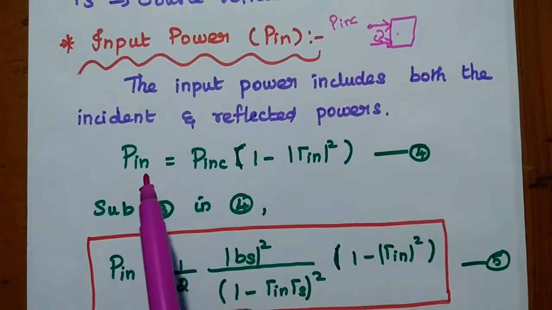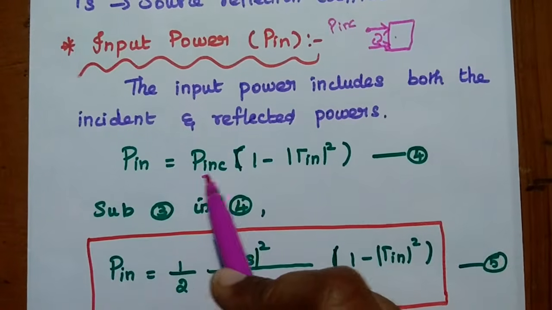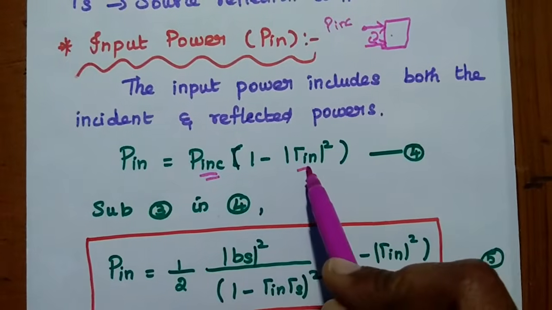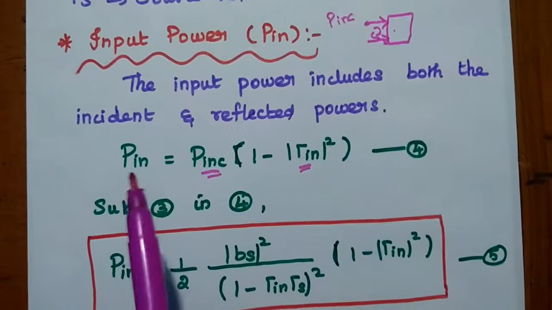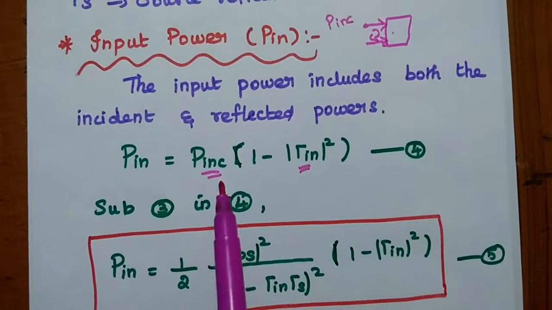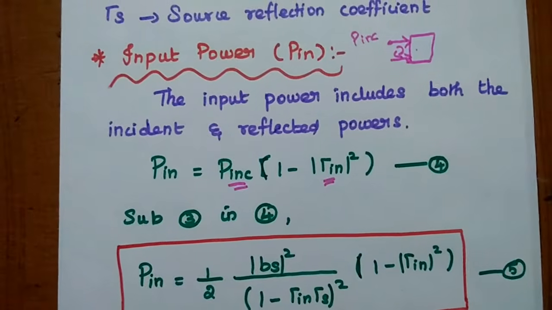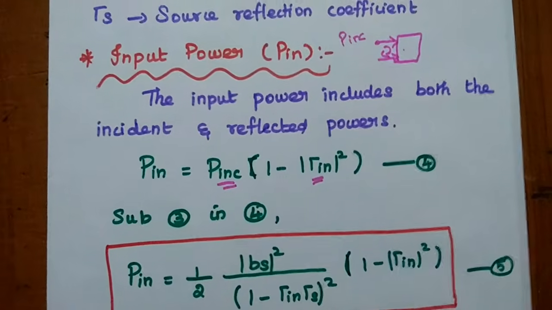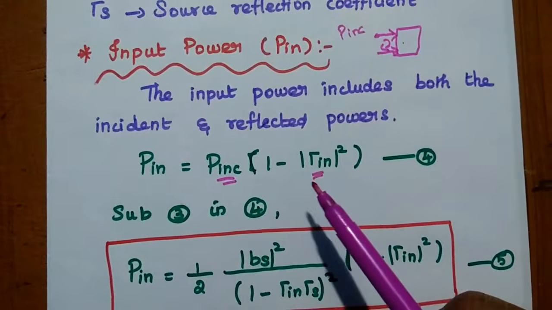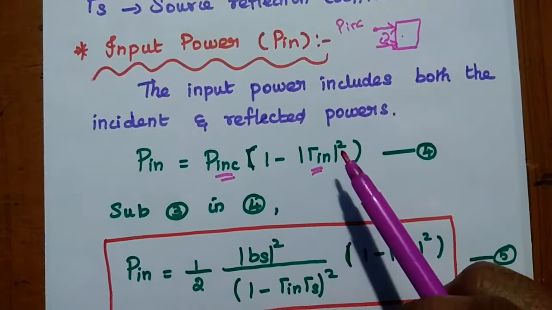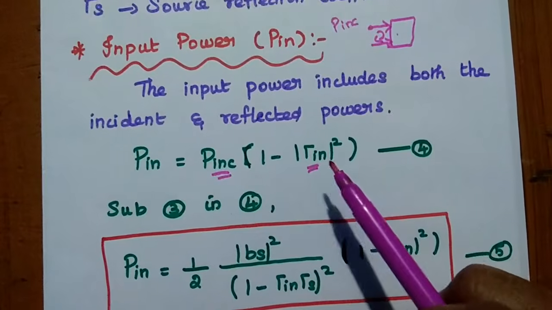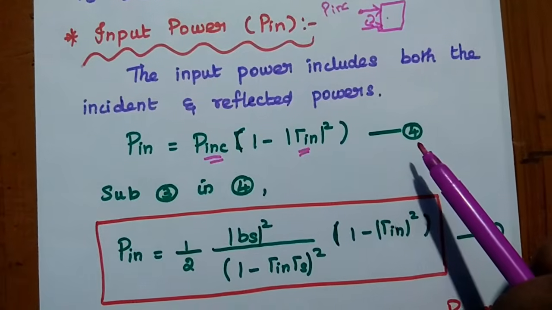So input power is equal to incident power into 1 minus gamma in, that is the input reflection coefficient, the whole square. So gamma in square, that is the fourth equation.